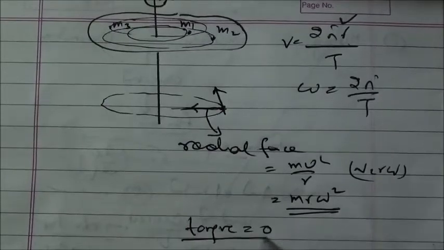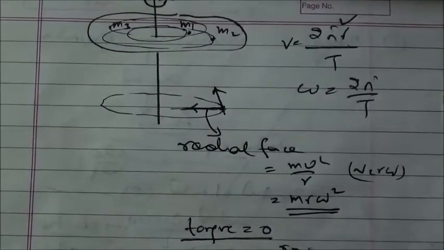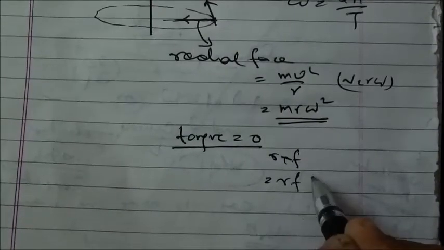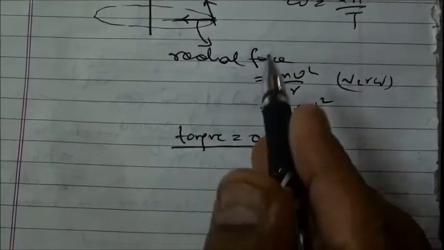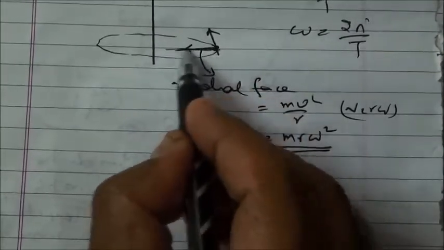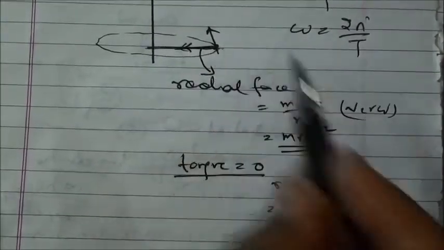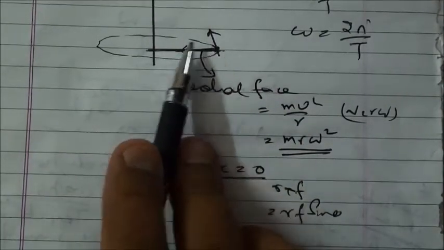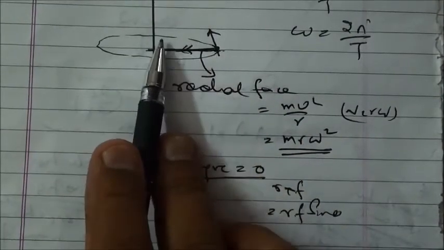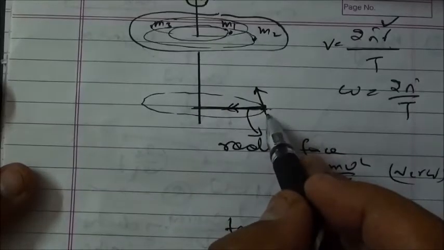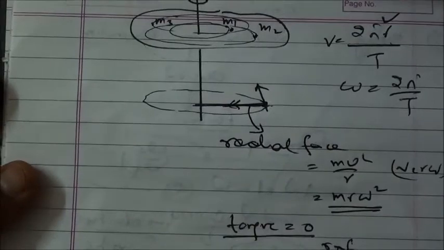Zero, because r cross F is r F sin theta. R and F are along the same line. This is the force and R is also along this. So there is no torque. We have discussed it earlier also that if force is acting towards the axis, there will be no torque for it. Another one, force acting tangentially.